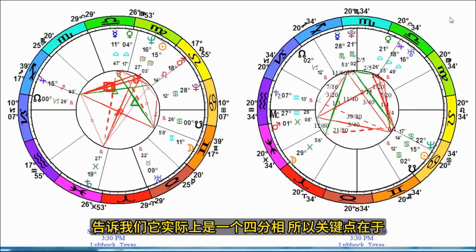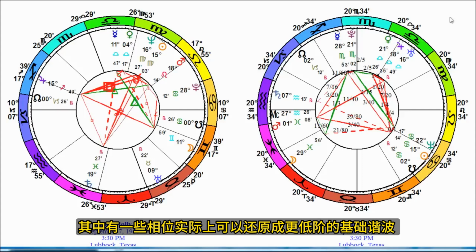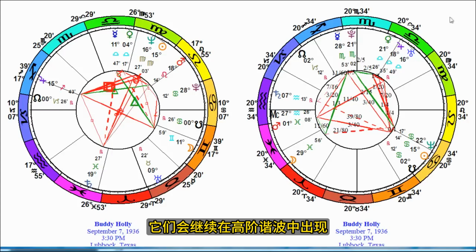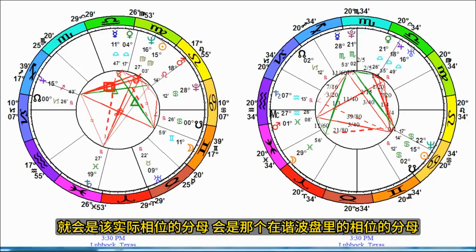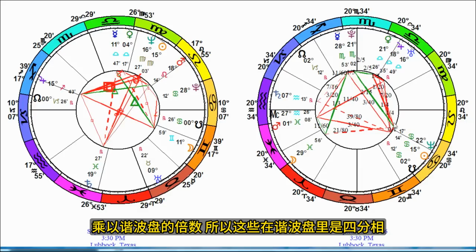So the point is this: some of the aspects are actually lower harmonics, and they continue to appear in higher harmonics. That's the case with Jupiter and Neptune. And if it does not reduce, the harmonic will be the denominator of the actual aspect in the harmonic chart times the harmonic of the chart.